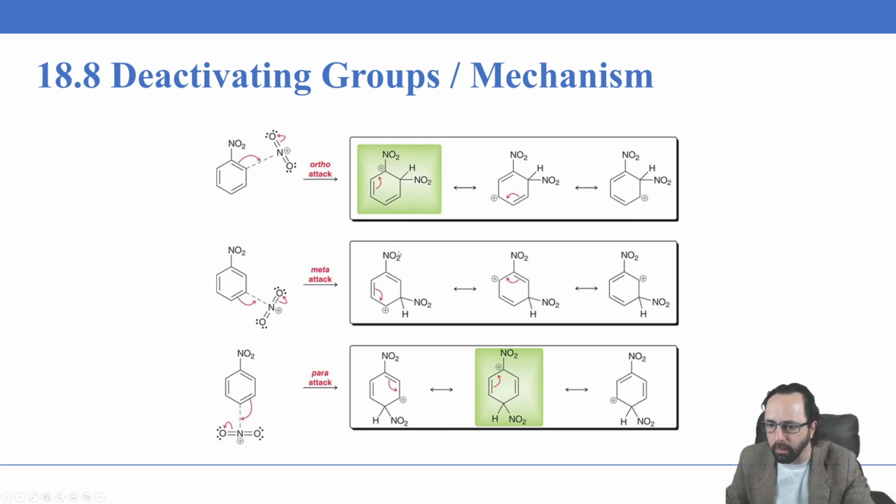However, note that when we look at the resonance structures, this is a nitrogen atom. That's a little bit different, right? Before we had tertiary with 3 carbon atoms, but this is a nitrogen atom. That nitrogen atom is highly electronegative, so it wants to pull electron density away from this carbon, but this carbon is lacking electron density. That is a less stable situation.